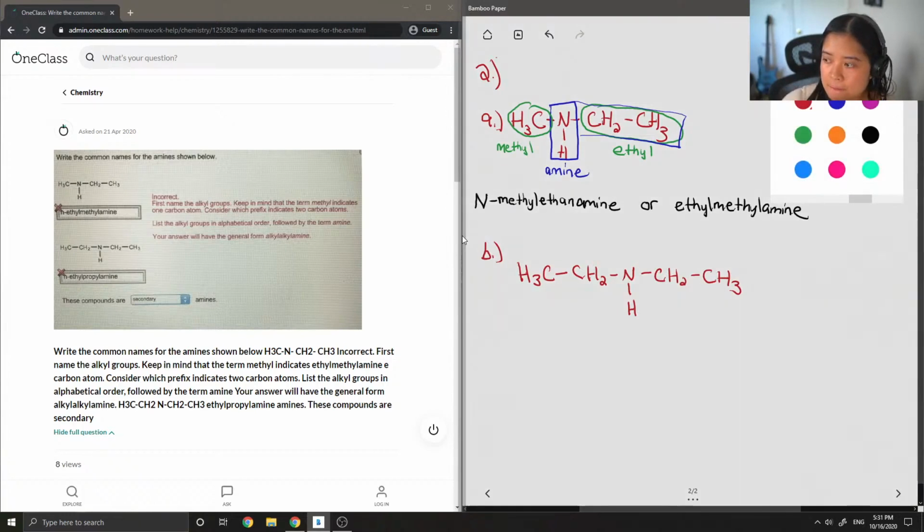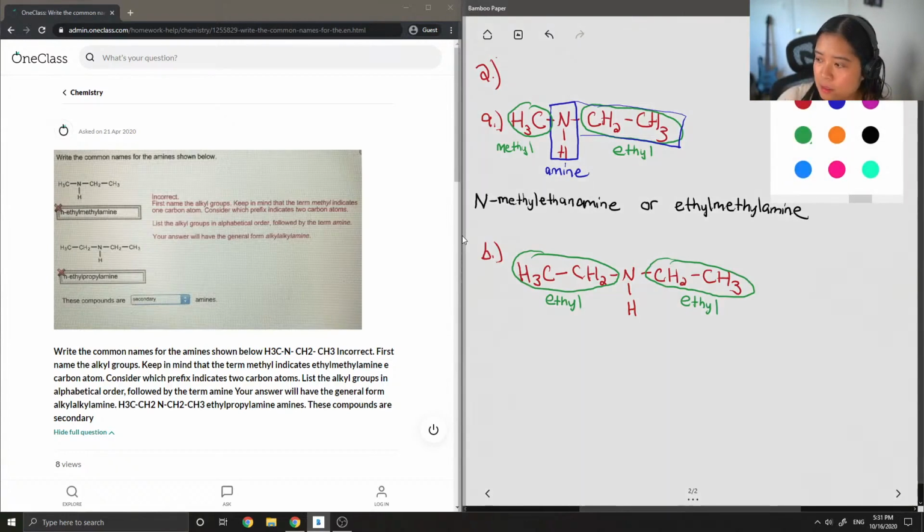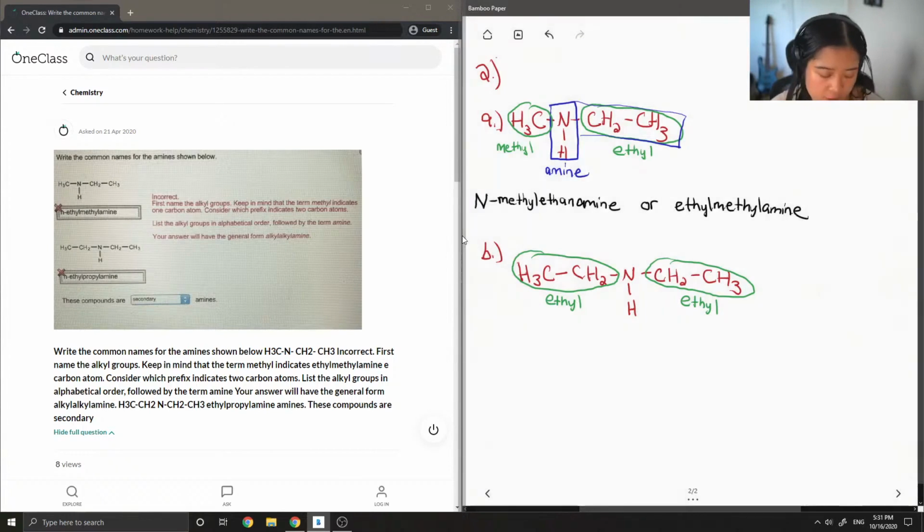Okay, so now I'm just going to circle my groups. In this case, we have 2 ethyl groups involved. So we can't really test out that alphabetical order way since they're the same. But we can still write it in the 2 forms. So both of these answers are correct.